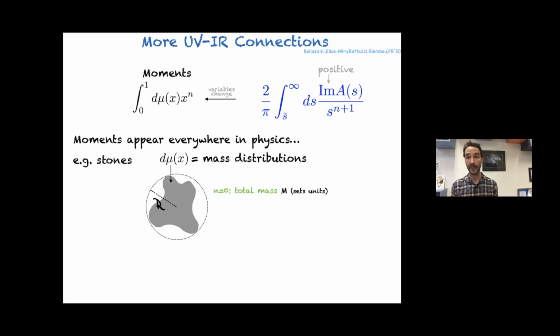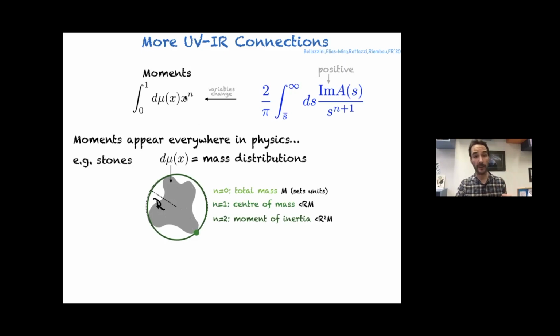The 0 moment, so integral over x to the n, x being really the space coordinate. The 0 moment is the total mass and sets just the units of my problem. The first moment is the center of mass, integral over the measure over x, so center of mass. And this can be at most r times m, if you think that all the mass distribution is localized at the very edge of the distribution.